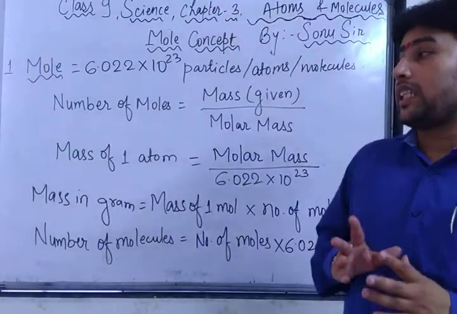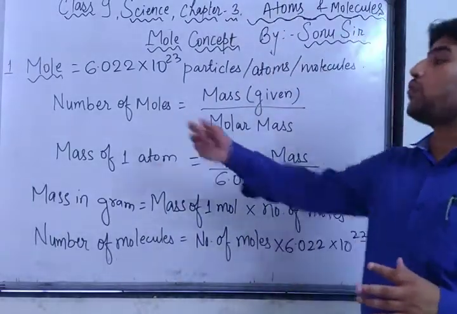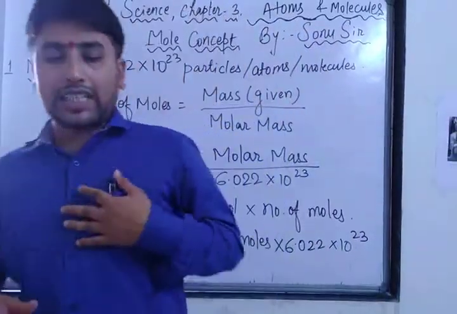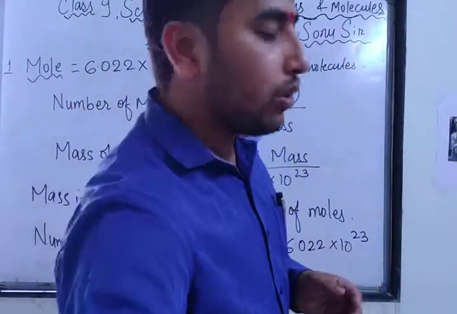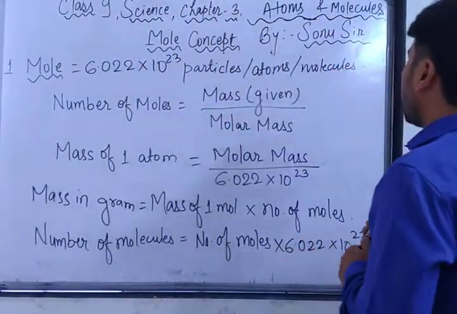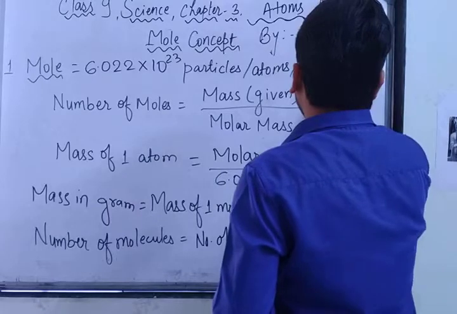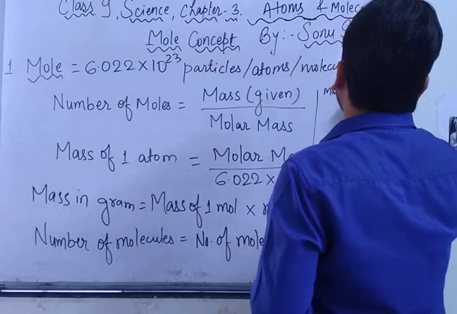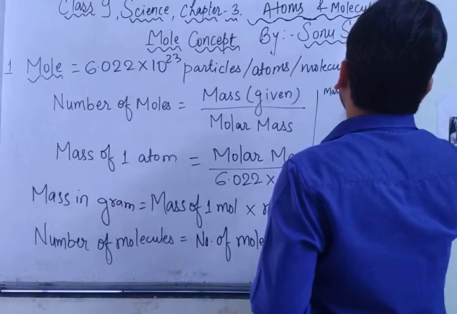If you have learned the atomic number and mass number, then it's very easy to calculate the number of moles. Suppose there is one question: the mass of sodium is equal to 26 gram.